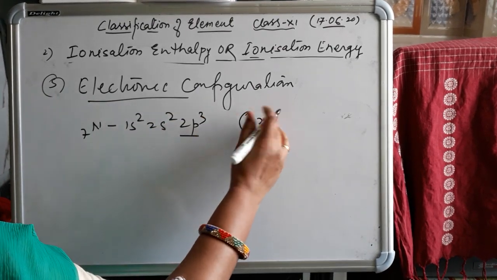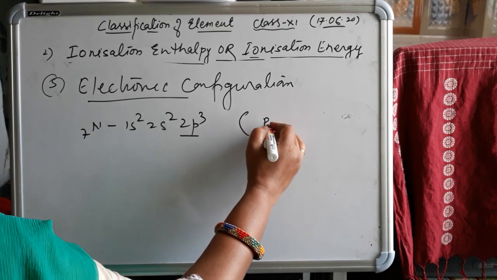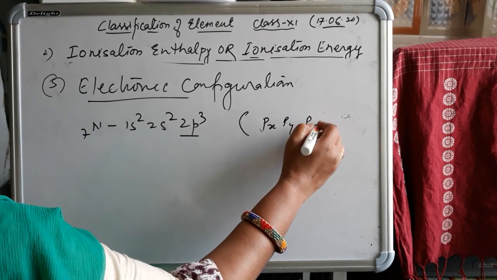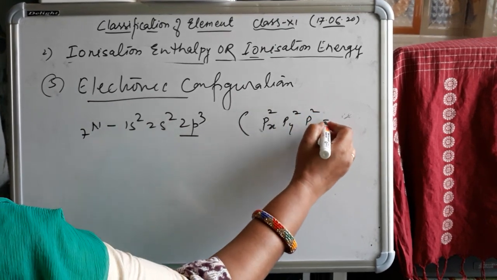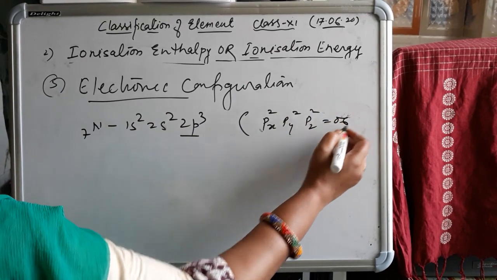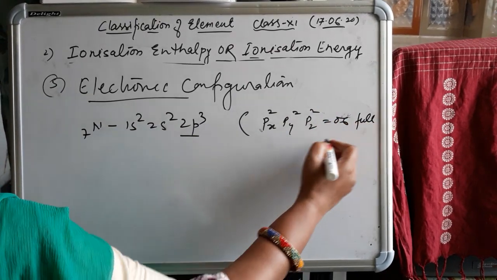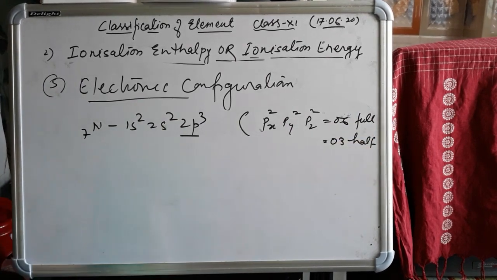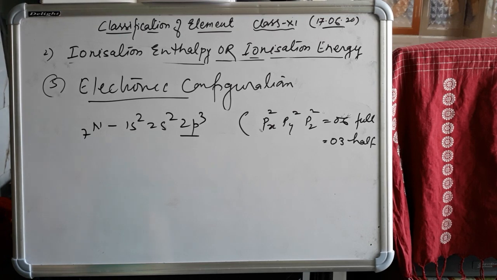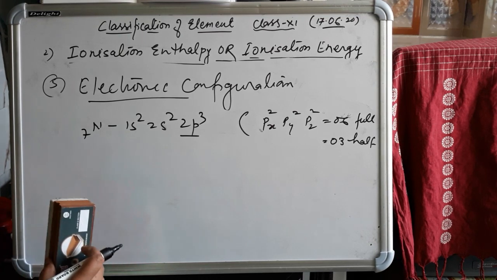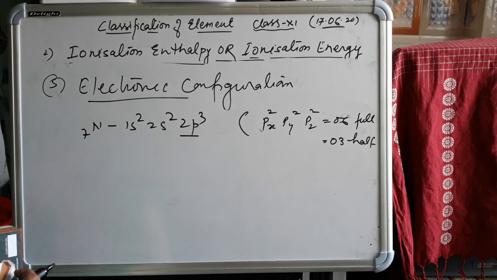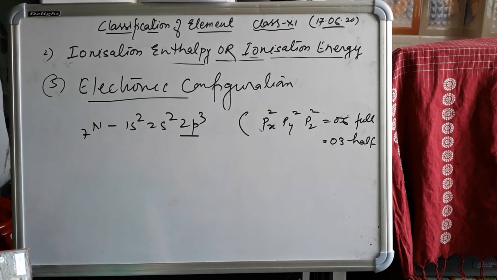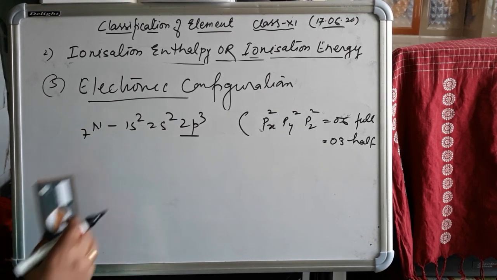As we know, in the p orbital, px, py and pz, 2 and 2, hold a total of 6 electrons. This is full filled and 3 is half filled. So a full filled orbital and a half filled orbital give more stability than an incomplete orbital, so the enthalpy of this type of configuration becomes higher.